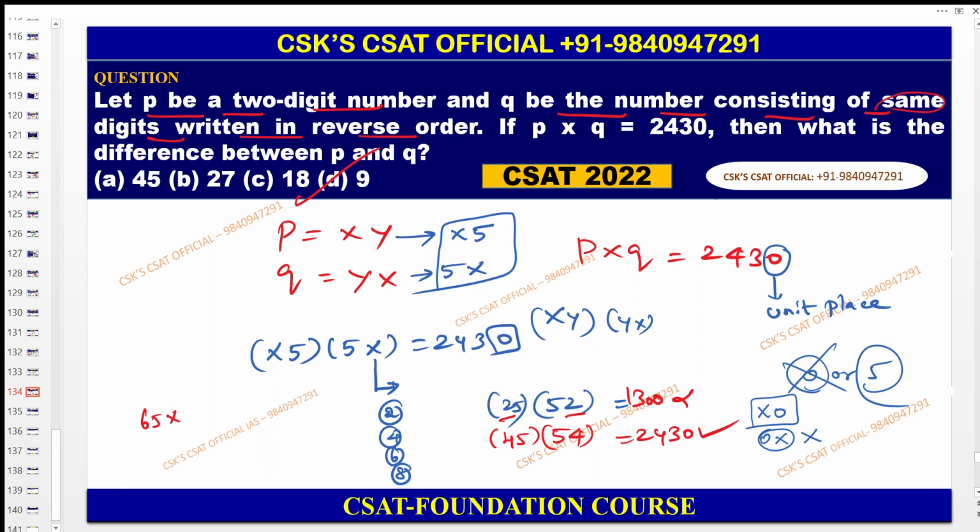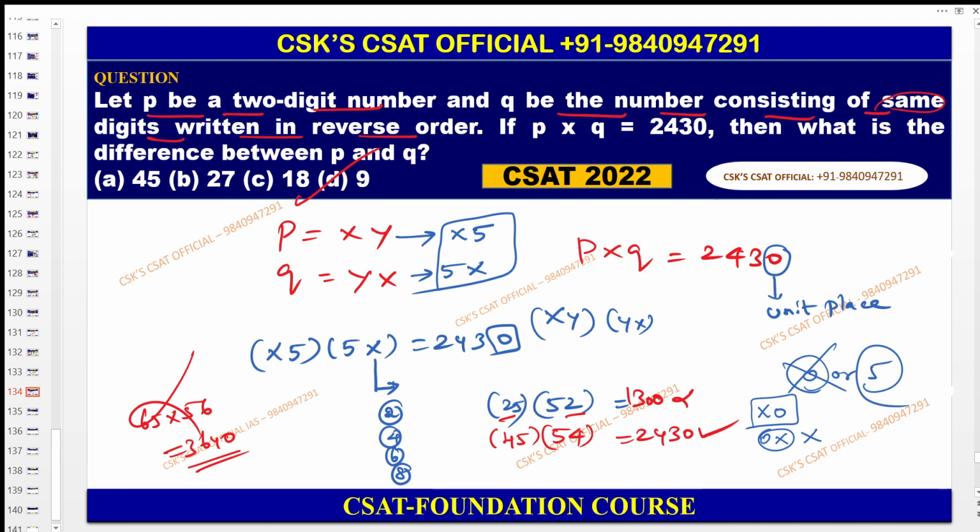Then it becomes 65 into 56. It is an unnecessary thing, since it crosses 2430. It is nothing but 3640. Therefore, it is not at all possible. Not required for this question.